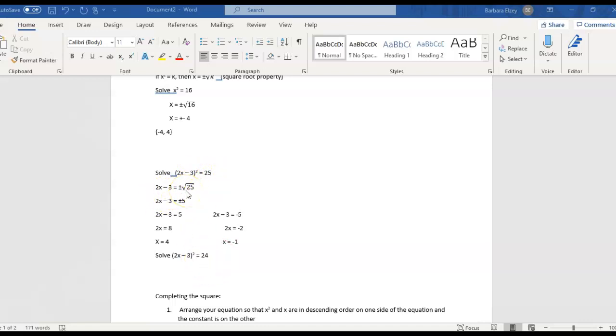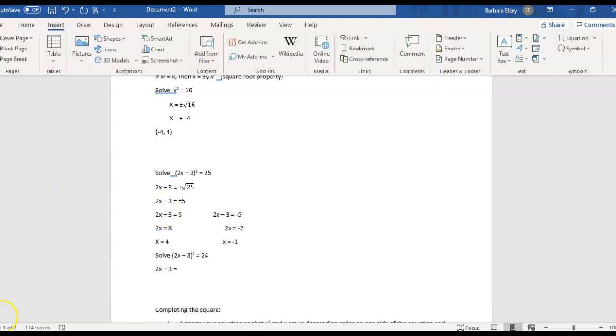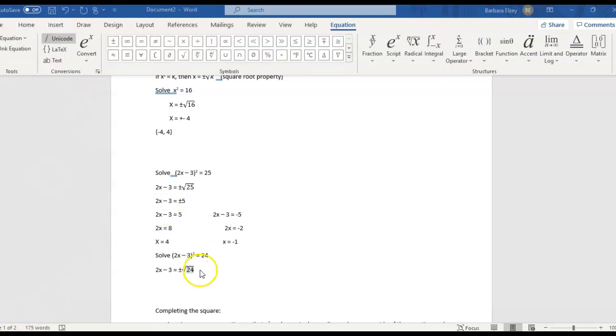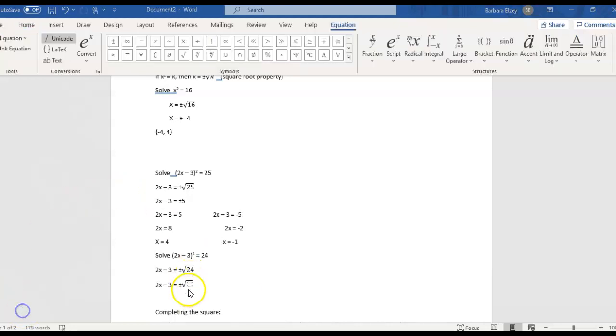So in that first step, we're going to get 2x minus 3 equals plus and minus the square root of 24. We don't know the square root of 24, but we can break it down using the skills from previous algebra classes. Remember that 24 is 4 times 6, so we can take the square root of 4 and leave the 6 inside the radical.